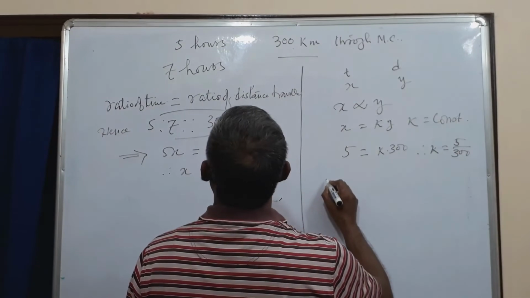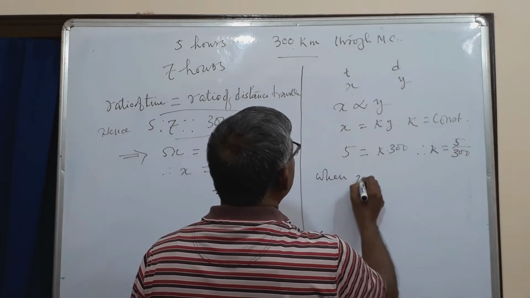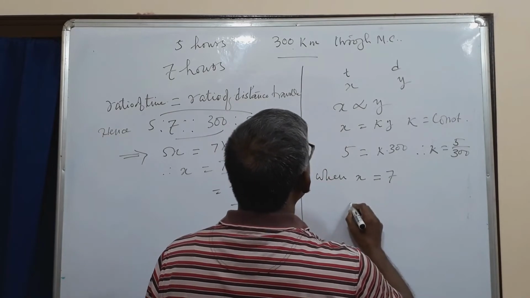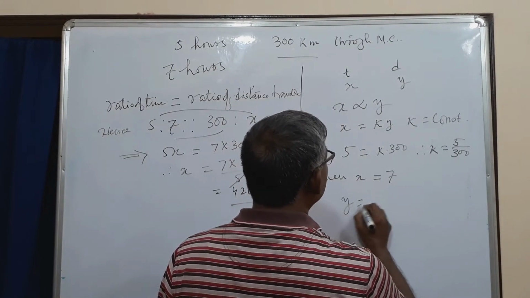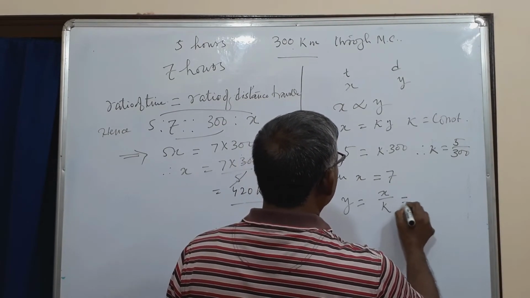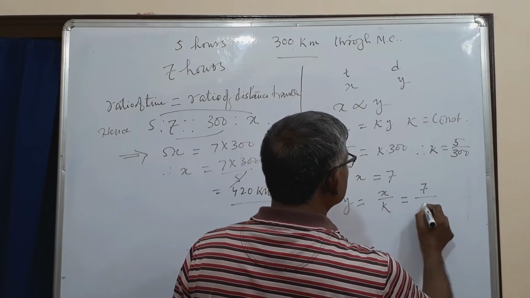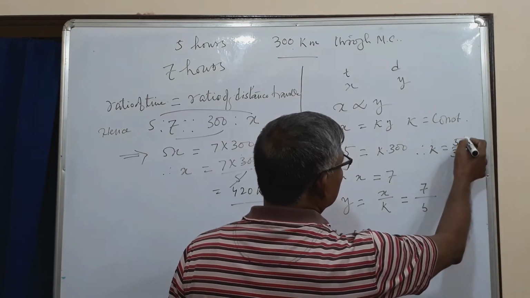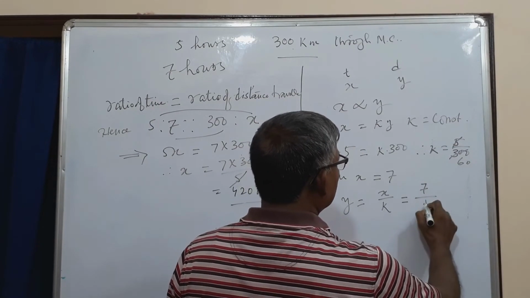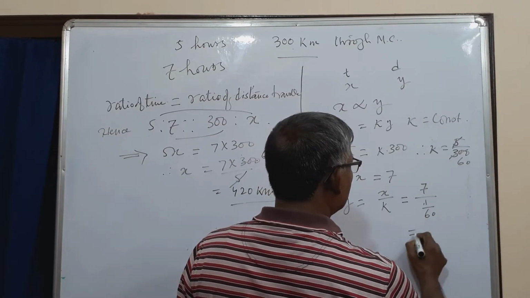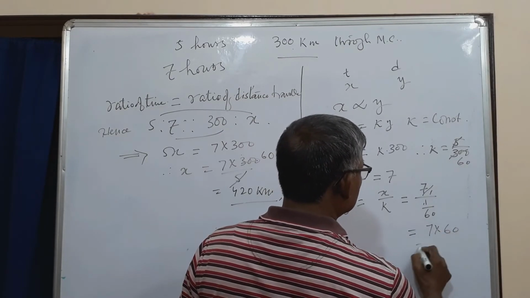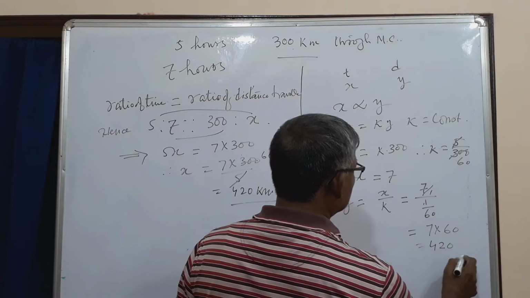Now when x equals 7, what would be the value of y? Then y equals x by k, that is 7 by 1 by 60, so 7 into 60, that is 420.